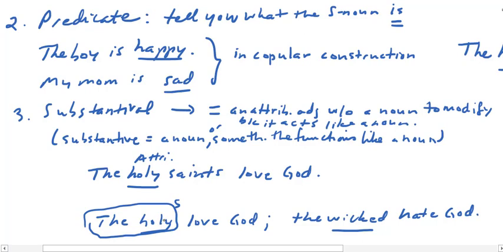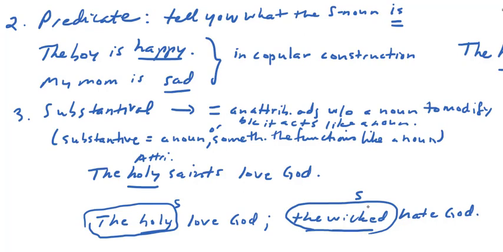Here the adjective is functioning as the subject noun. And then over here with the wicked, there's no noun for wicked to modify. The adjective is the noun, and it's also functioning as the subject of hate.